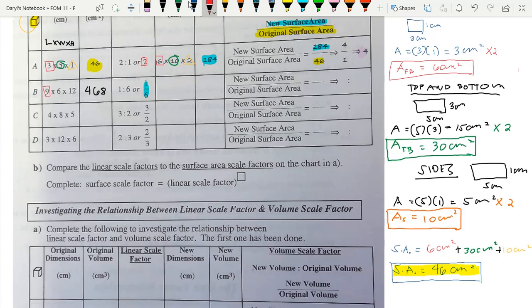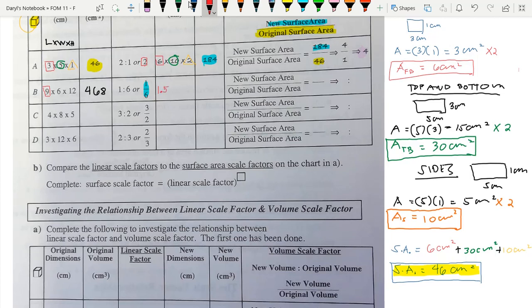So to get the value of the new length, it would be 9 times 1/6. Okay? So if you have 9 times 1/6, that gives you 9/6, or 9 divided by 6, that gives you 1.5.